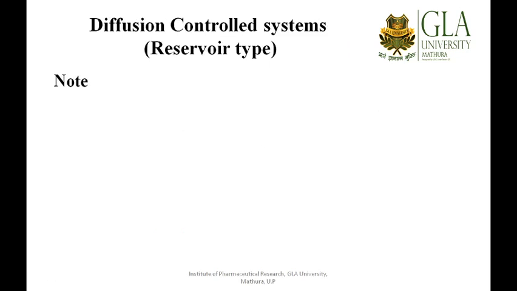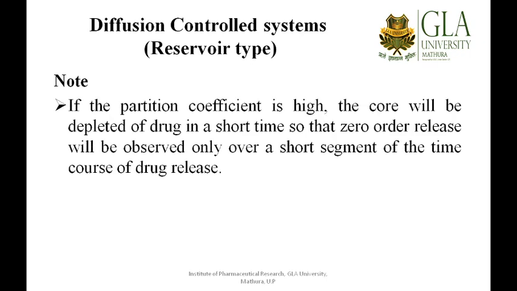So what are the takeaways from the discussion of reservoir type? Let me just show you the first takeaway or the note. You should be considering the partition coefficient of the drug very judiciously, because if the partition coefficient is on the higher side, then what will happen?